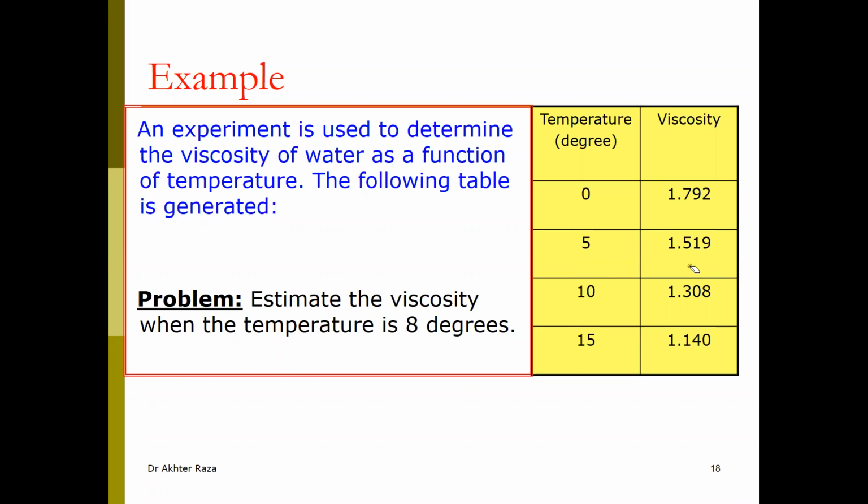Against 8, the viscosity is missing, so we have to estimate the viscosity against 8. Or if a temperature of 4 degrees centigrade is given to you, you have to estimate the viscosity at 4. So different values of x are given to us, and we have to estimate the viscosity at the given values of x.